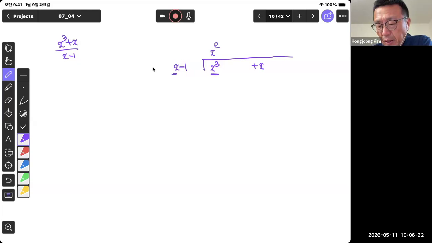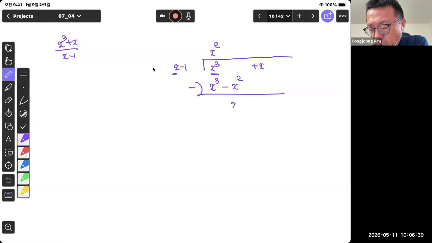So if I multiply x squared to x minus 1, you get x cubed minus x squared. So if I subtract this from x cubed plus x, then minus with minus x squared will be x squared.